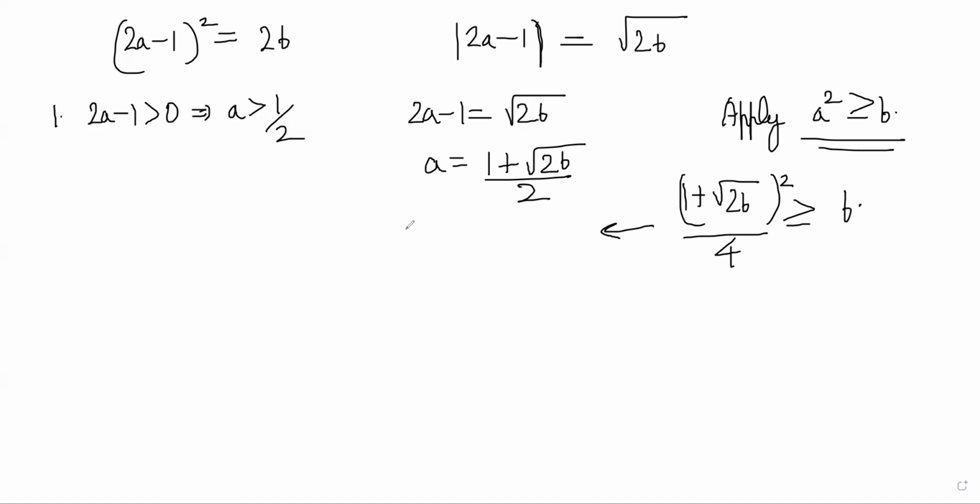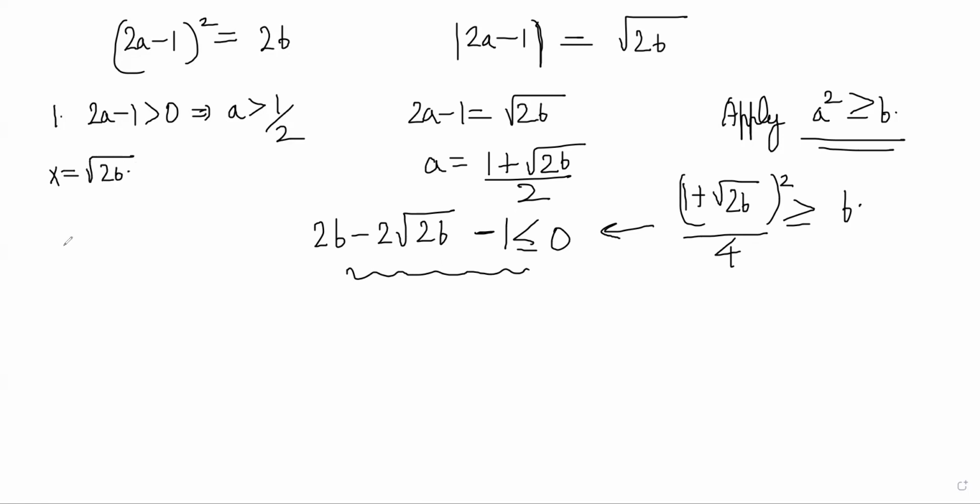This can be written as a quadratic in b. If you simplify it a little bit, it looks like 2b minus 2 times root 2b minus 1 is less than or equal to 0. And this means if I take x as root over 2b, I have basically x square minus 2x minus 1 is less than or equal to 0.